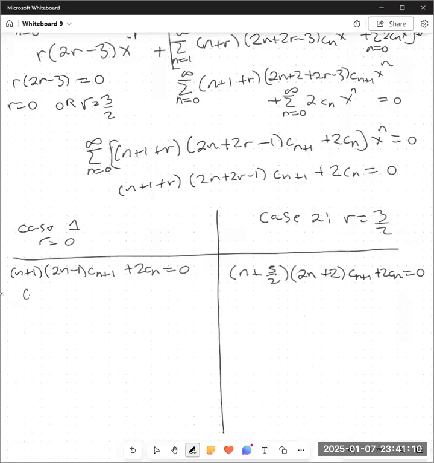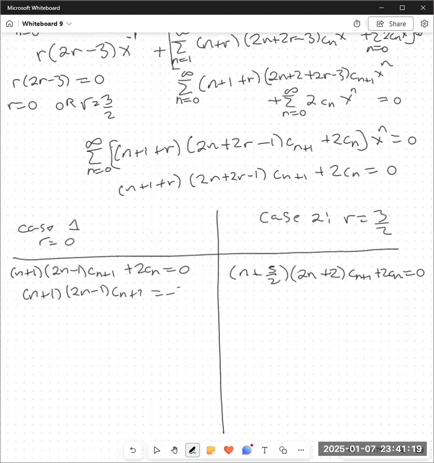So here I have n plus 1, 2n minus 1, c sub n plus 1 equals negative 2 c sub n, and c sub n plus 1 is equal to negative 2 c sub n over n plus 1 times 2n minus 1. I'm going to finish up case 1 before I look at case 2.